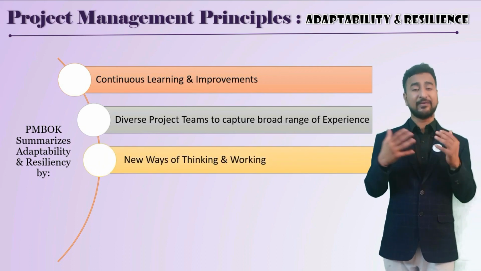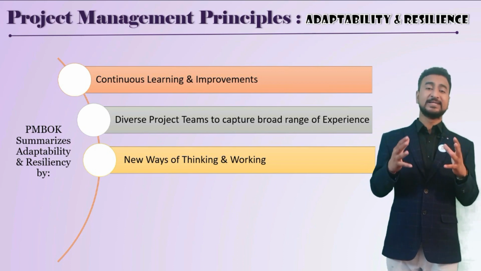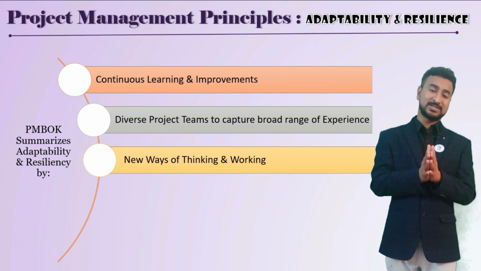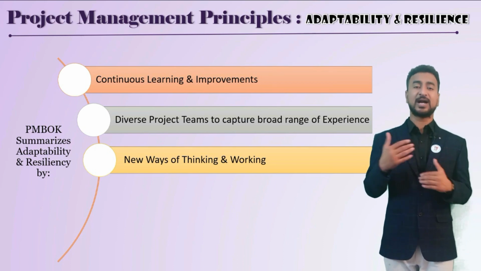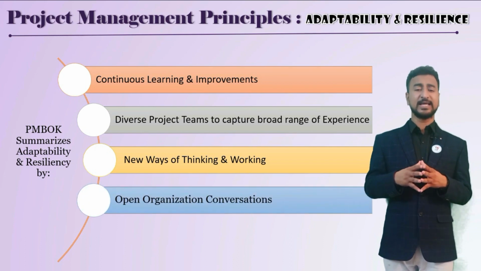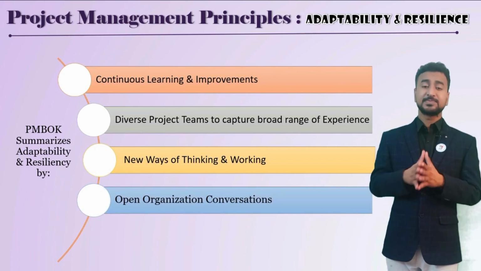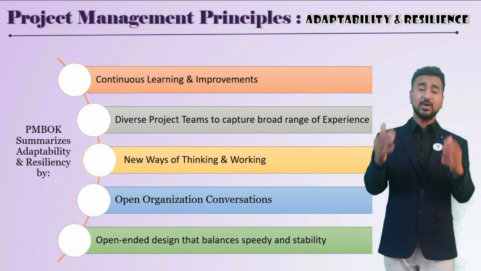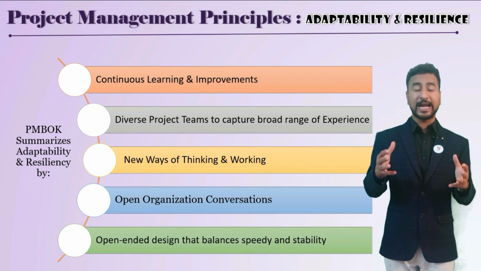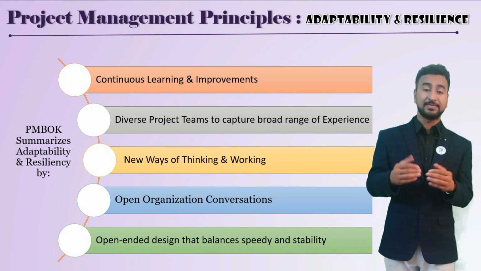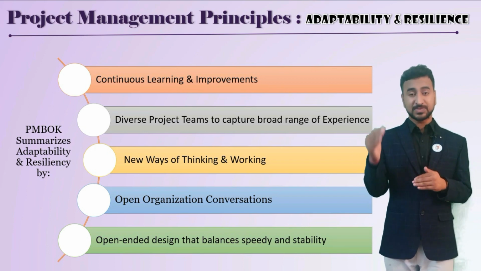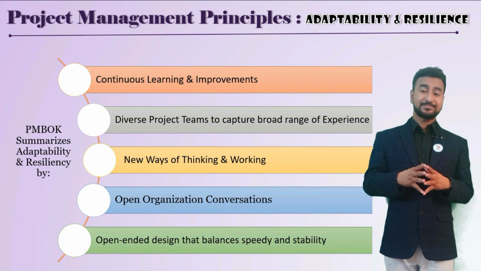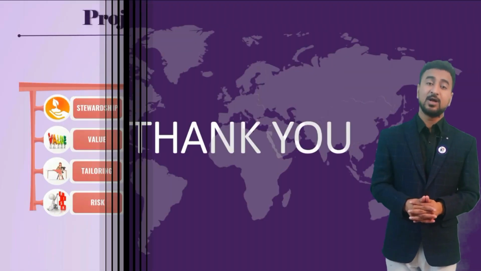New ways of thinking and working: you should not be rigid with your standard ways of doing things, but should start exploring new ways, and be an organization open to conversation about what the new ways are, with an open-ended design that helps balance speedy growth. So this is the principle of adaptability and resilience.